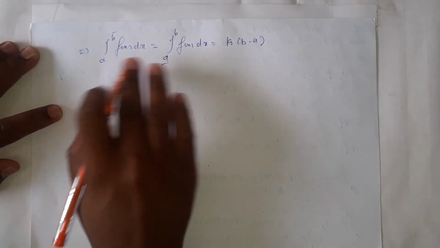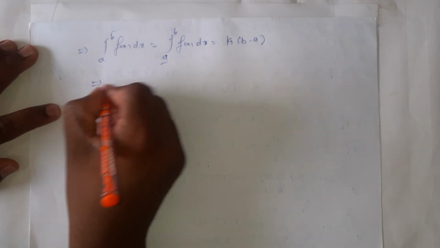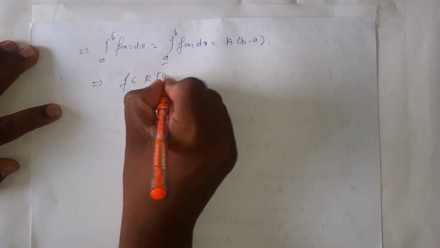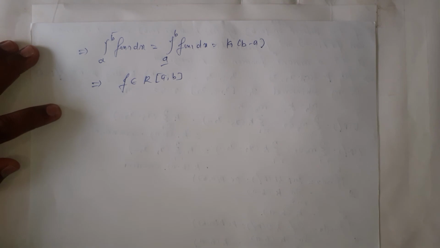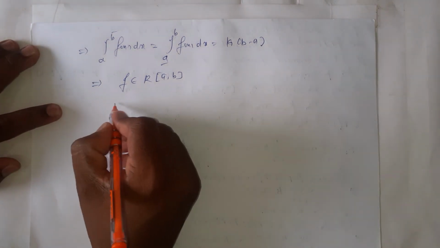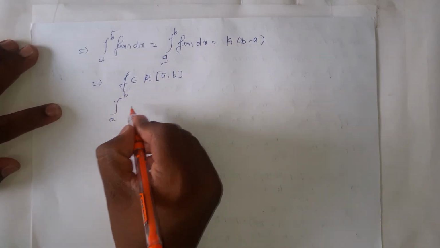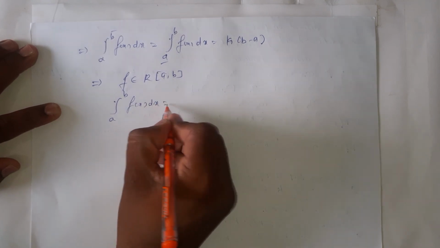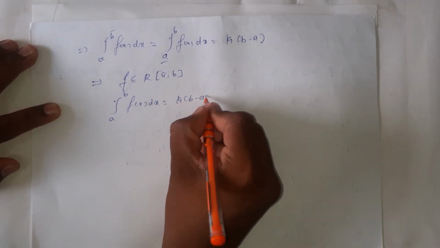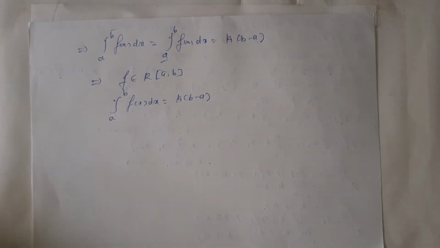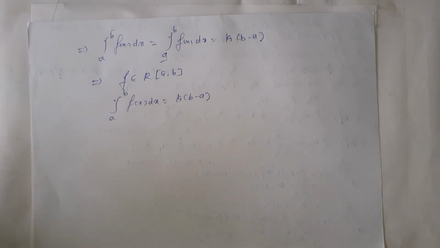If the value of these two integrals are same, then we can say that f belongs to R of the closed interval [a, b], means that function is R integrable, and its common value, that is integration over a to b of f of x dx, is equal to k into b minus a. So therefore it is our proof, means every constant function is R integrable, means its lower and upper integrals will be same, and here it is given by k into b minus a.